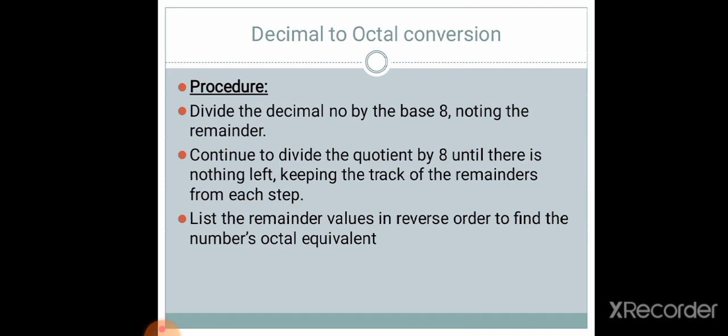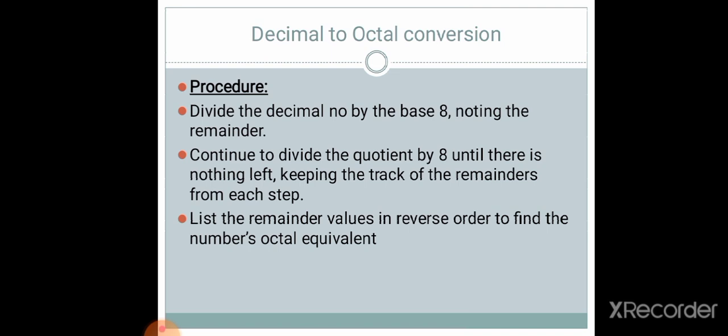Now next we'll see decimal to octal conversion. The procedure is the same as the previous conversion, but in this case you are going to convert a decimal number into an octal number. So you have to take for division and for multiplication the base of the number system, that is 8, right? In the previous conversion we were converting the given number into binary.